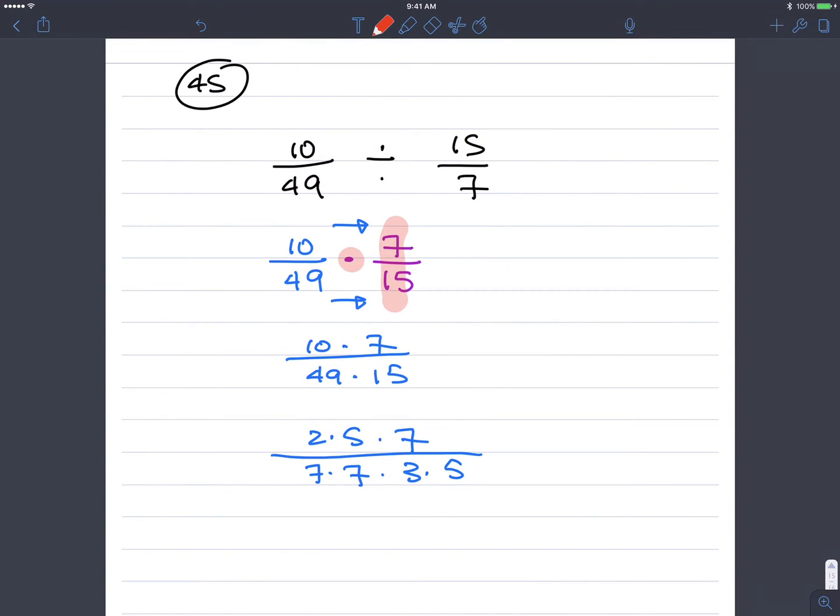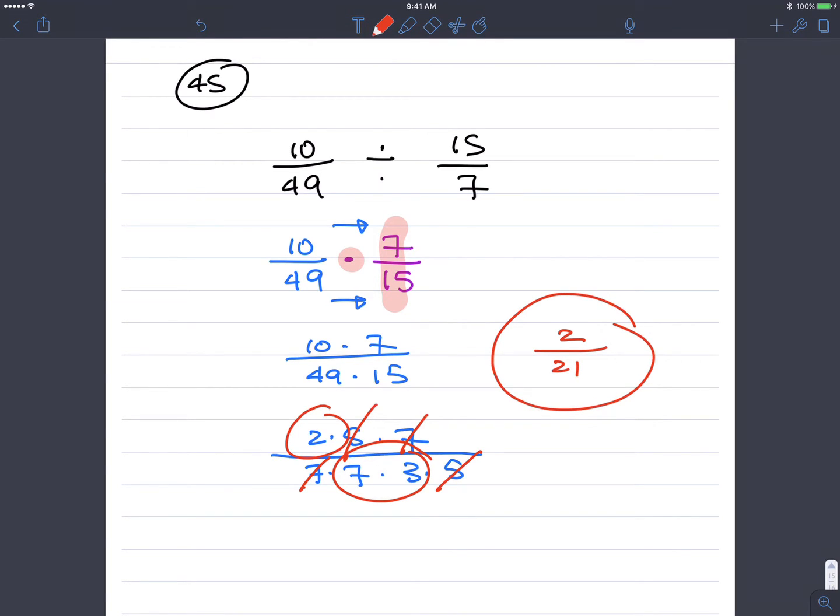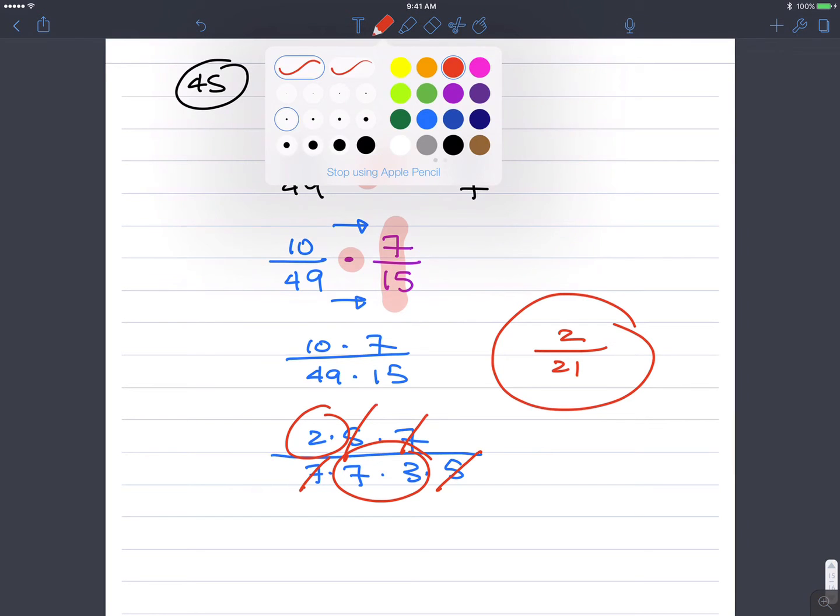Cancellation property. 7 goes away, 7 goes away. 5 and a 5. You're left with 2 over 7 times 3, which is 2 over 21. So we divided these fractions. And we gave an answer in reduced form, reduced to lowest terms.